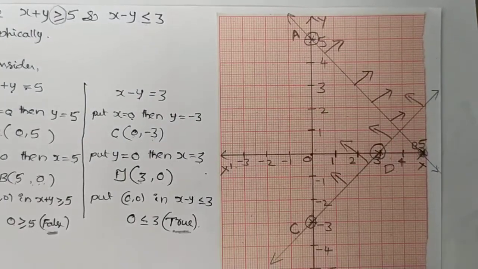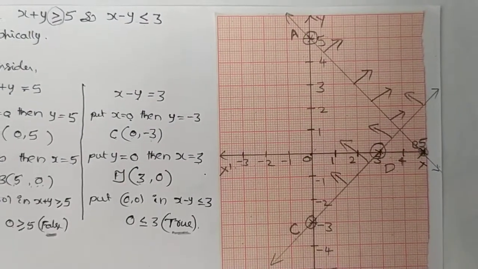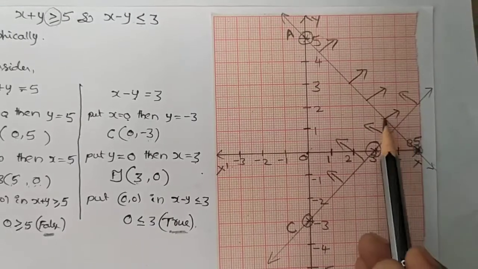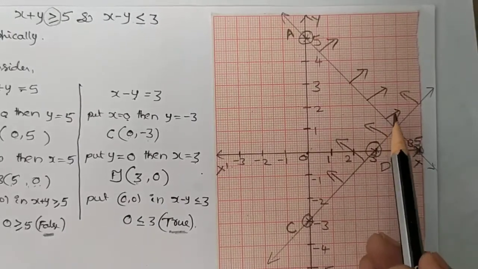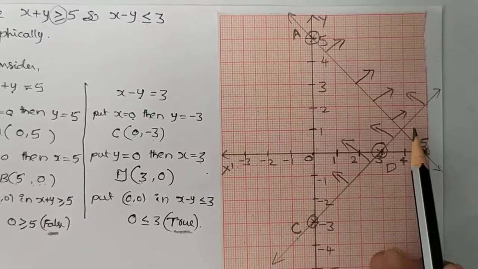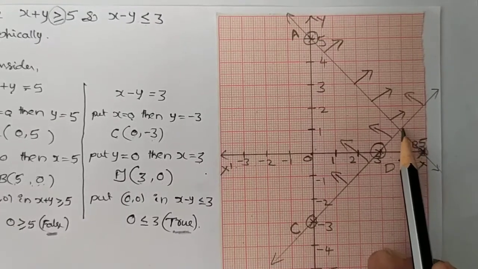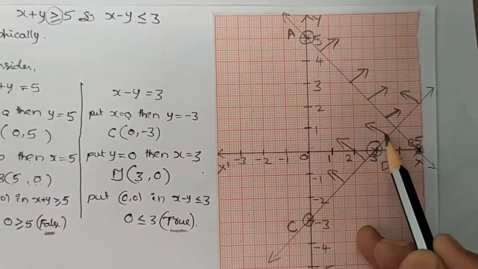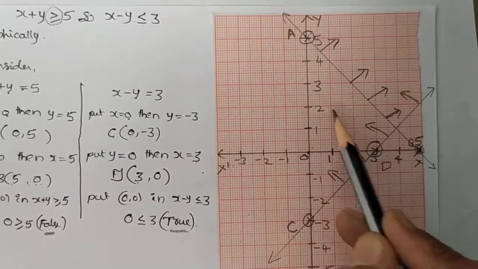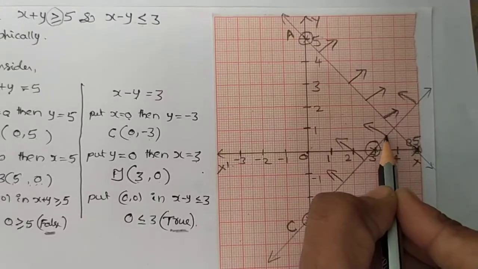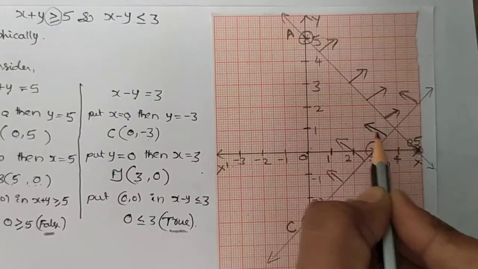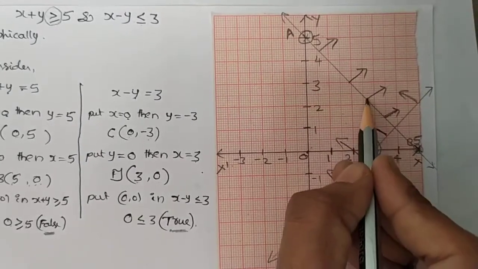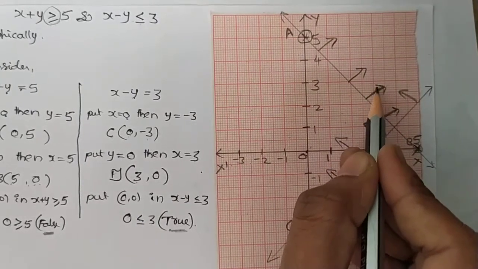Now where do we have to shade the region properly? Here we have the 2 inequality lines, right? Where they coincide, here, right? If we take this region, this line's region is moving like this, right? What about this other line? This line is moving up like this, right?